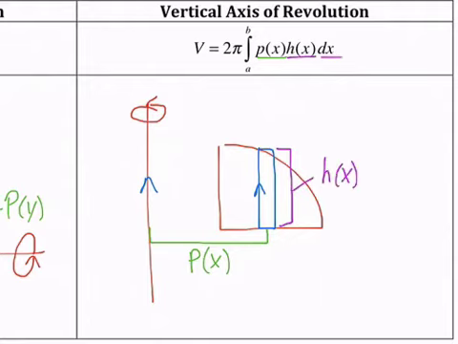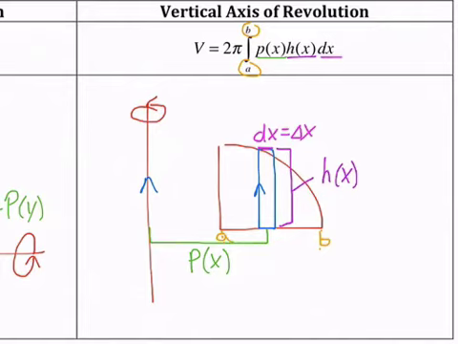And then dx is going to be the width of the rectangle. So here we have dx, which is also delta x. And then for the limits of integration here, since everything's in terms of x, we basically want the x values here and here. So this would go from a to b, and those would be x values.